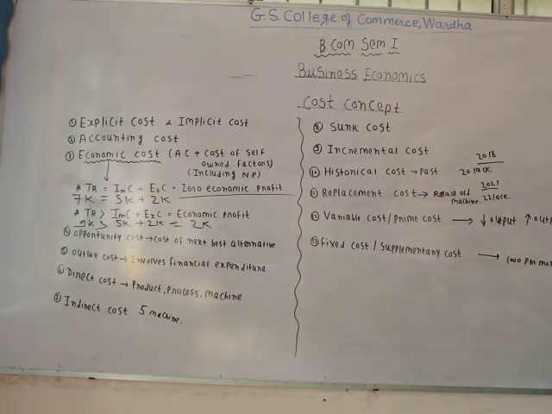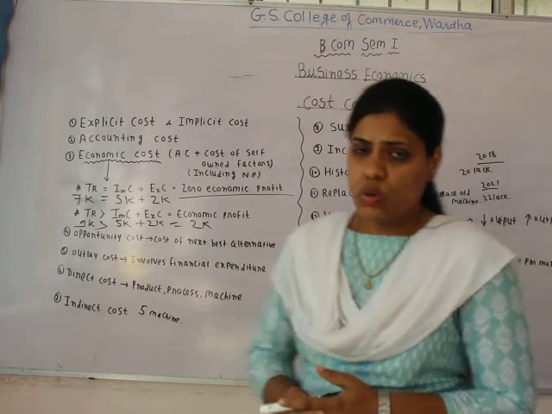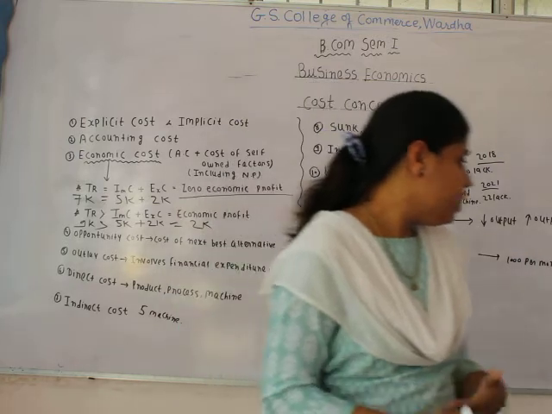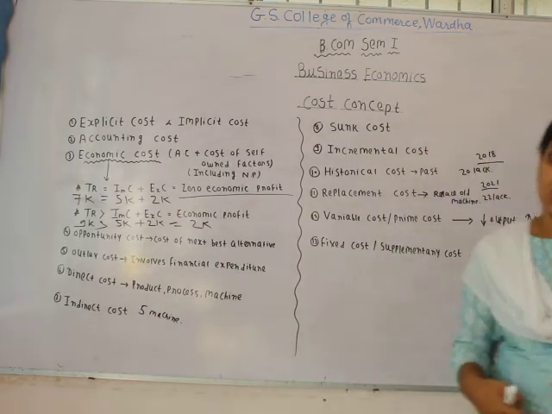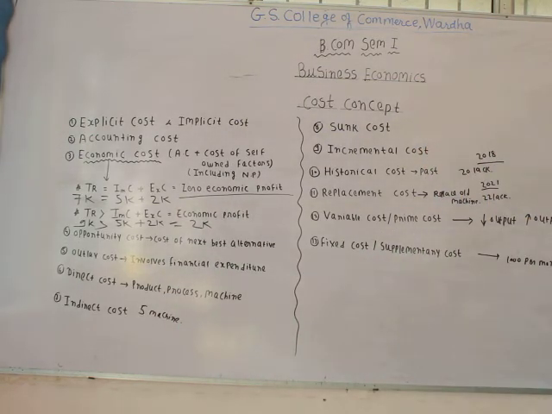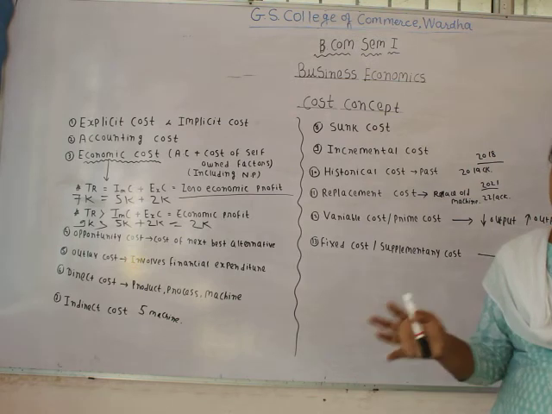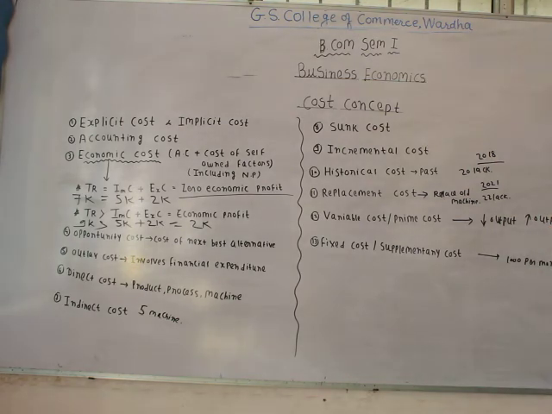But if your production increases above 5,000 units, your fixed cost will also increase. So when the capacity increases, when the plant size increases, there may be a change in the fixed cost. Therefore, we say that fixed cost is not a function of output, but a function of capacity and plant size.